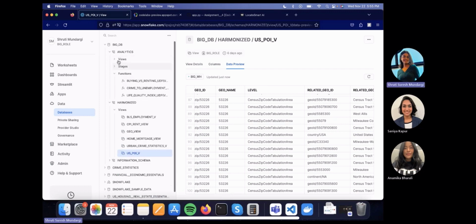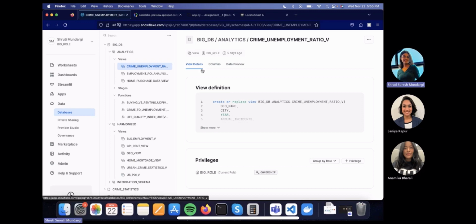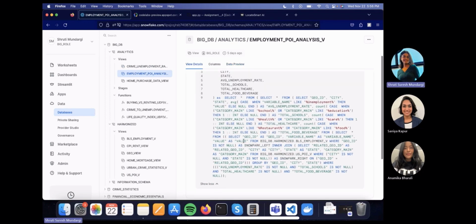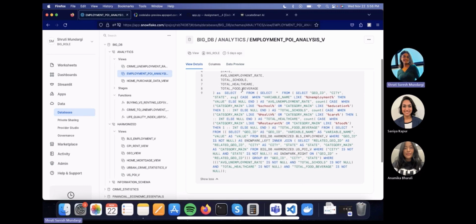Okay, so next would be our SQL processes and functions. For example, this SQL process. Let me show you the code here. What this SQL process does is, using our US POI, US POI view, and BLS employment view, it creates the unemployment rate and the total number of schools, health and education facilities in a particular area.